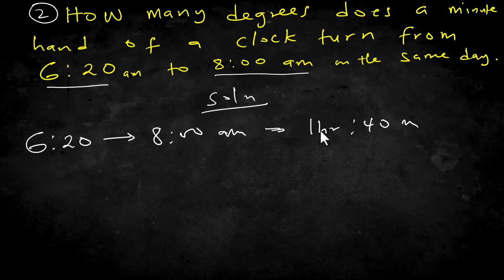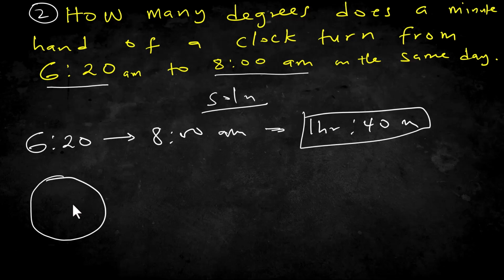Now don't forget also that a minute hand of a clock makes one complete revolution in every 1 hour. So in every 1 hour we have 360 degrees.